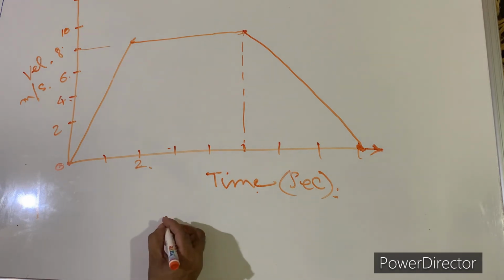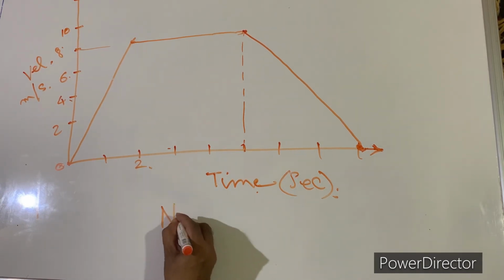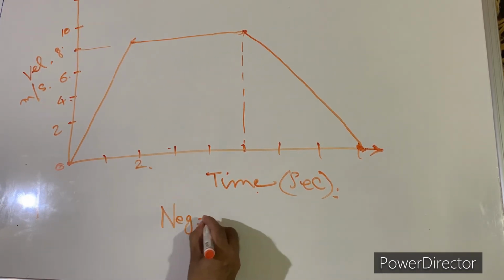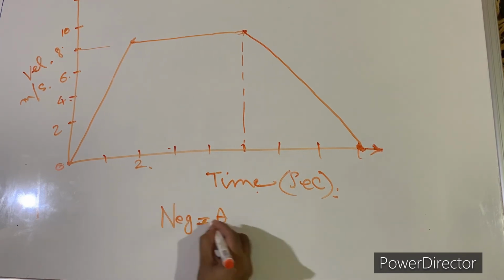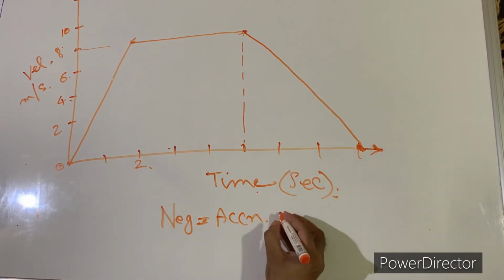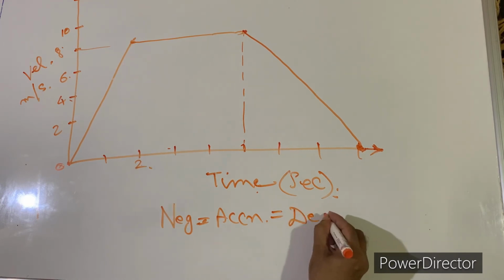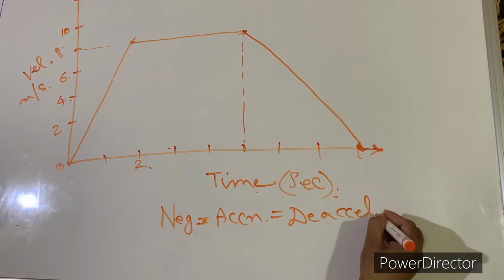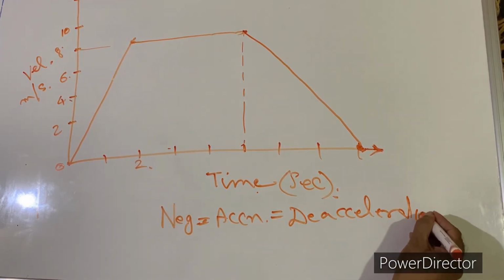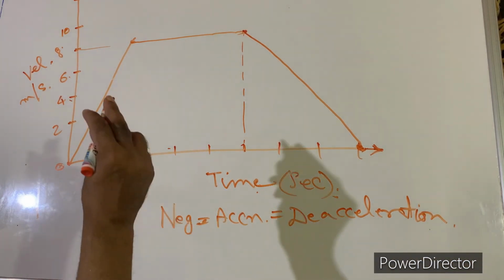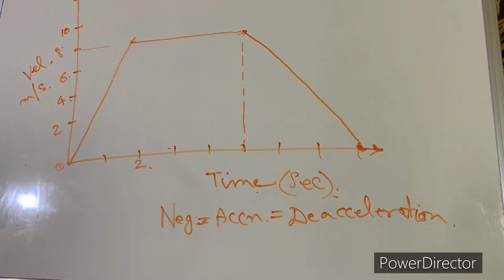Negative acceleration is also known as deceleration. Deceleration is when the velocity of the body is decreasing over a period of time.